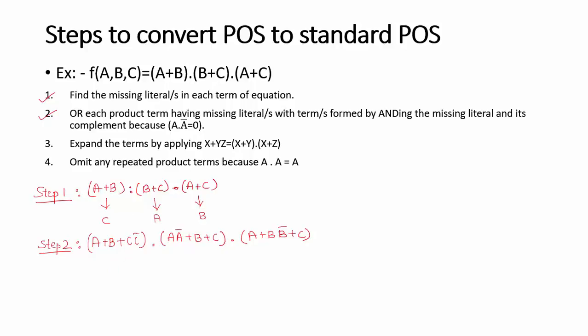Step 3 is to expand the terms by applying x plus yz is equal to (x or y) and (x or z). This can be proved from Boolean algebra. For now, just keep in mind that x or yz can be written as (x or y) and (x or z).